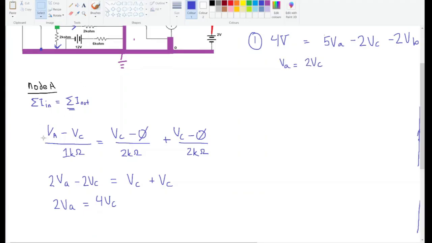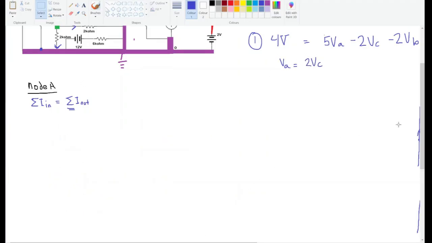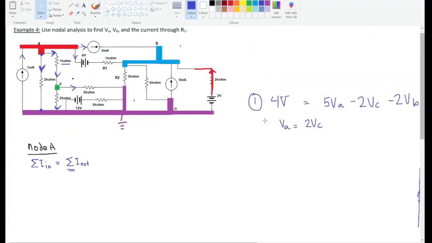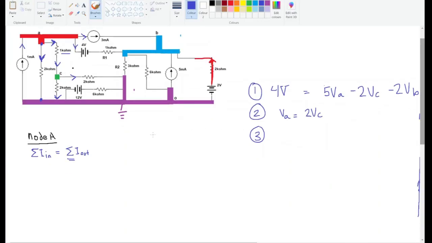Good. Now we'll deal with our third node. Just a note, you don't need to do an equation for your ground node, of course. You'll see why in a sec. Okay, so for our third equation for node B, this one's a little bit more complicated. So let's try the current lines.